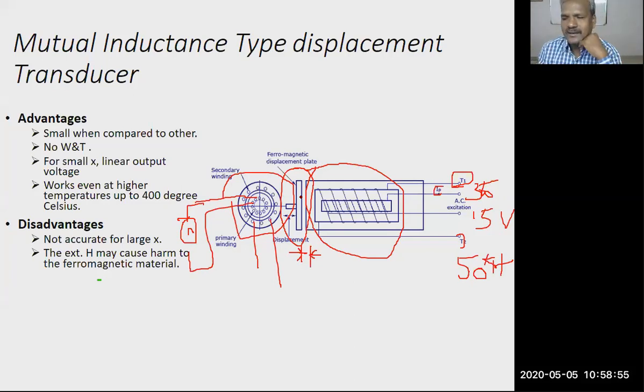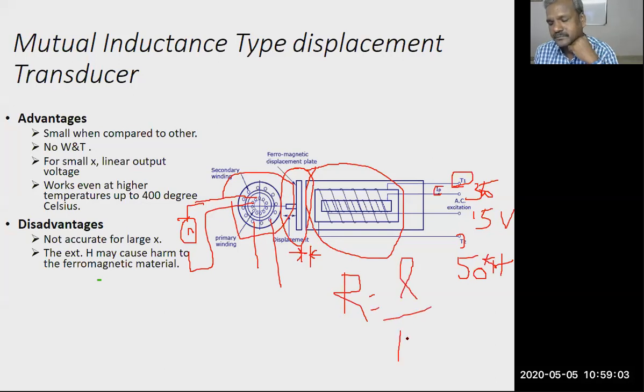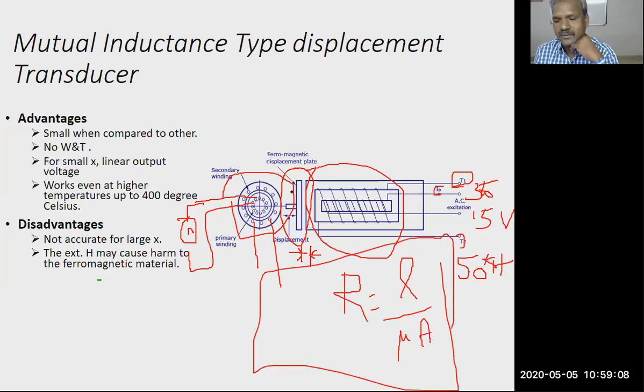The reluctance of the magnetic circuit R is L by mu A. When the ferromagnetic plate moves towards the probe, there will be more inductance. It is connected to a bridge circuit, which you already studied, at T1 and T2.